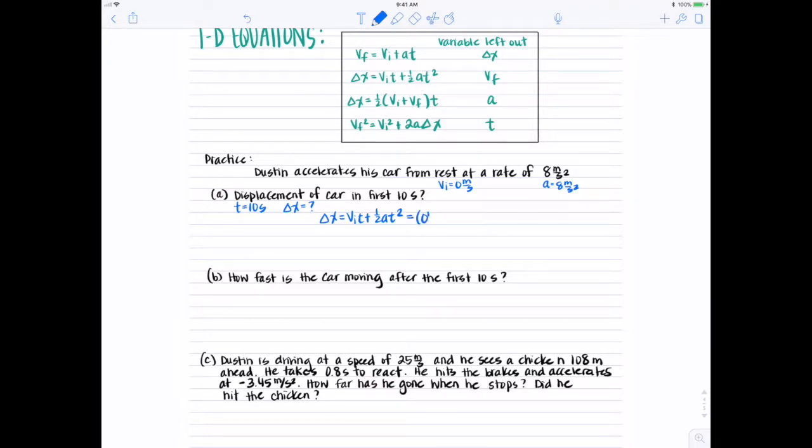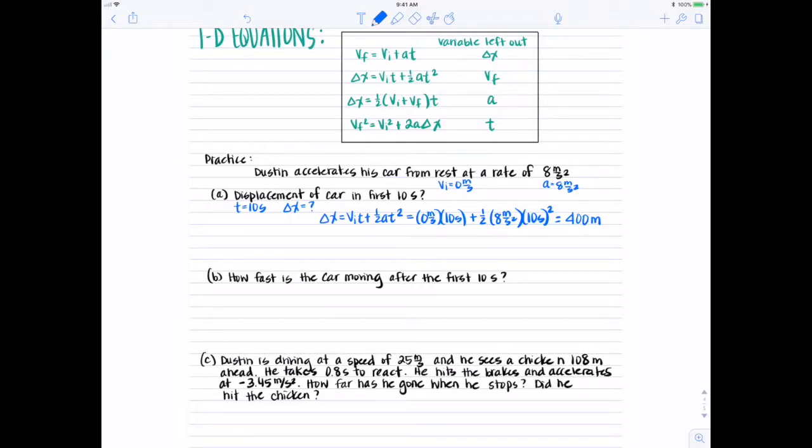So we get 0 times 10 seconds, so that term goes to 0, plus 1/2 times 8 meters per second squared times 10 seconds squared. Don't forget that squared, people. A lot of you wrote the squared in and then didn't calculate it. So 0.5 times 8 times 100. So 400 meters.